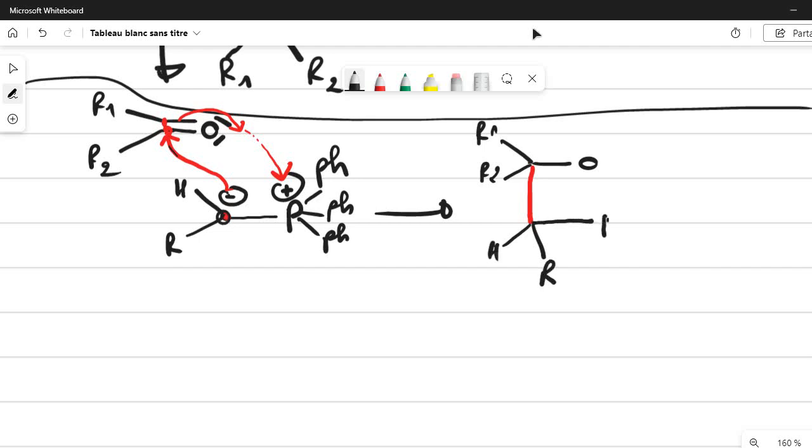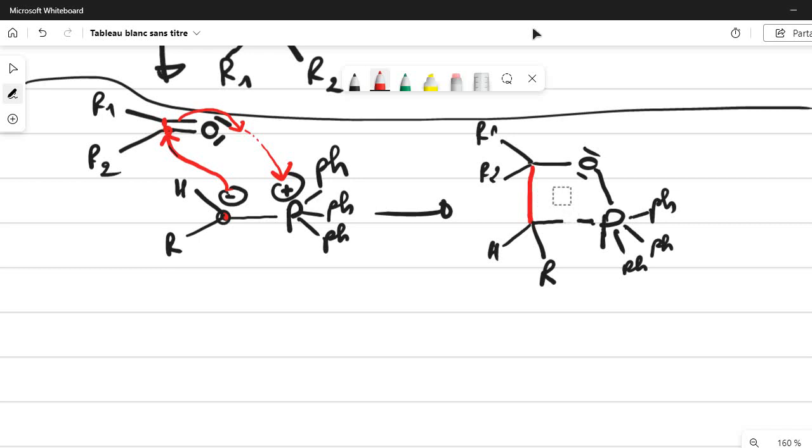And we had this one, H and R. We are going to draw P, but right now it has no positive charge on it. So PPh3, with the five bonds, okay? A neutral molecule. If you don't remember how to do it, remember that you are going to form a P=C bond, and the oxygen is going to leave.